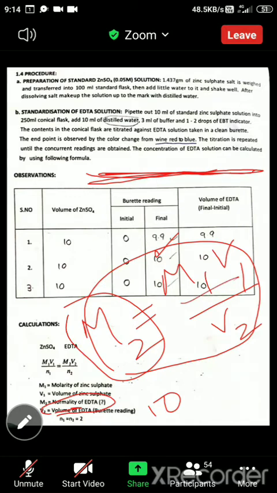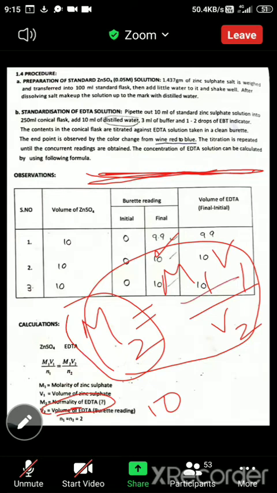This is the standardization of EDTA solution. What is standardization of EDTA solution? In a beaker, 10 ml of zinc sulfate, 10 ml of distilled water, 3 ml of buffer, 1-2 drops of EBT, wine red color is formed.